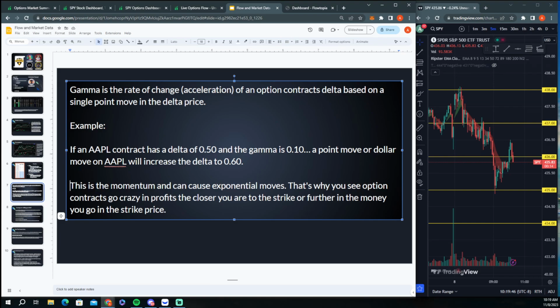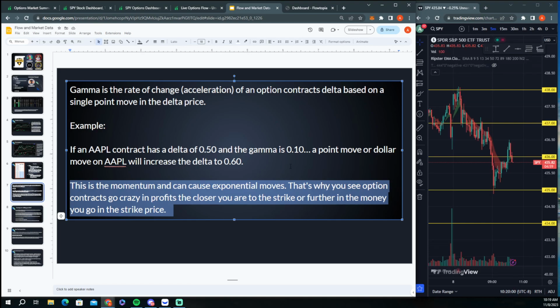So what I say here at the last part is gamma is like the momentum aspect, and it can create exponential moves. If you guys remember the GameStop move back in 2021, I believe it was, or 2020, 2021, I think.